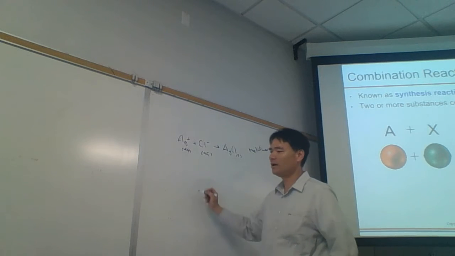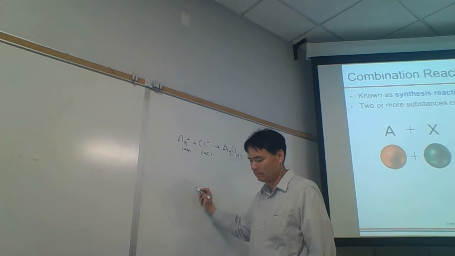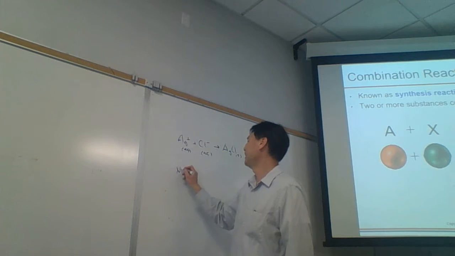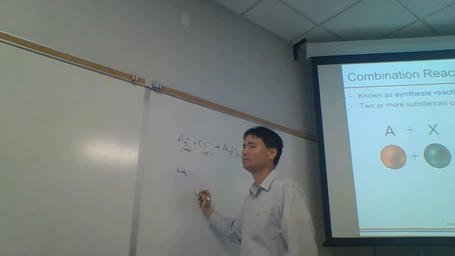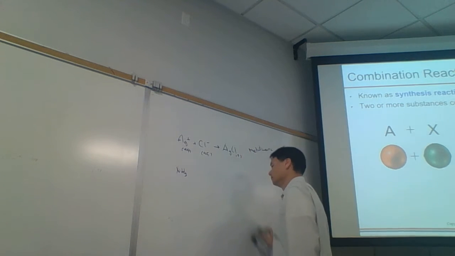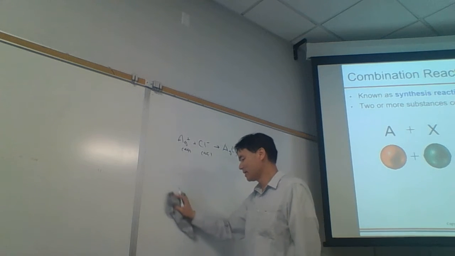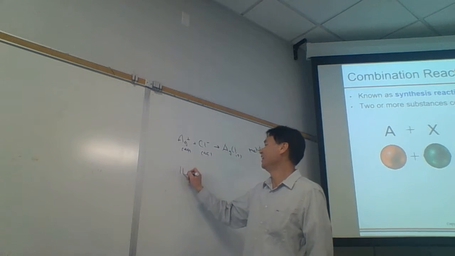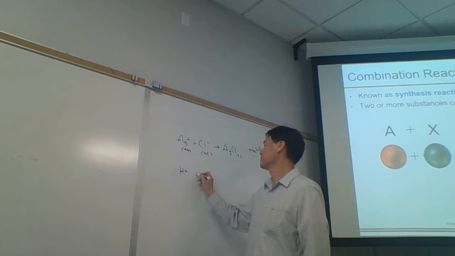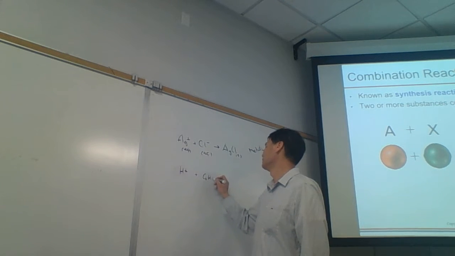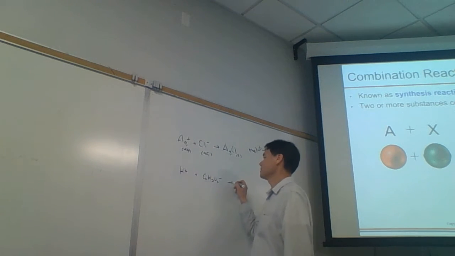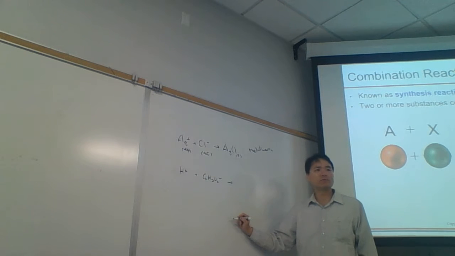We also have acid-base combination reactions. We'll give you an example of an acid-base combination. We have an H plus and an acetate. When an H plus and an acetate combine, do you know what forms?